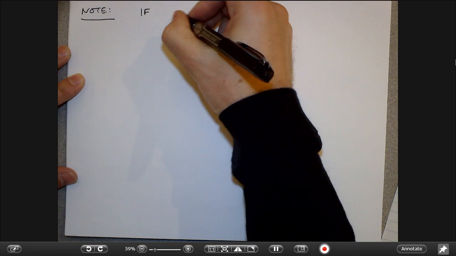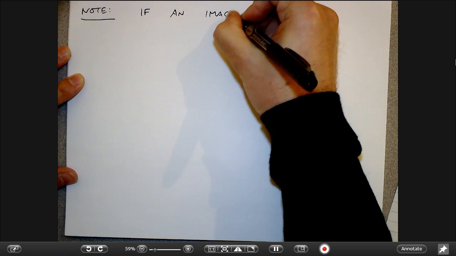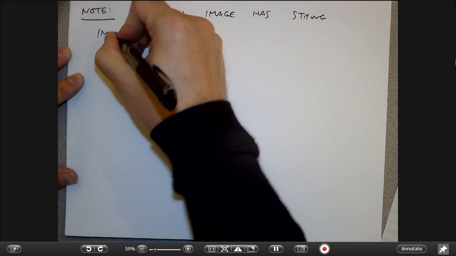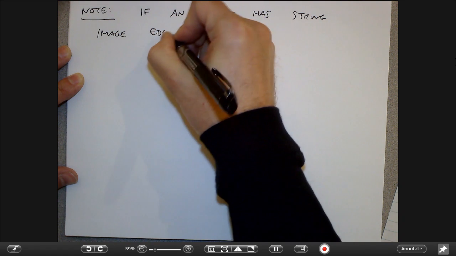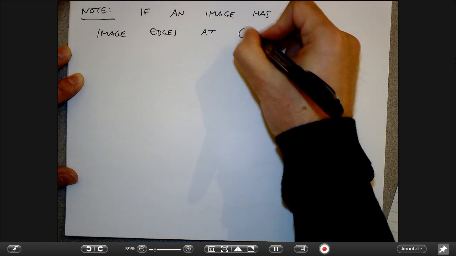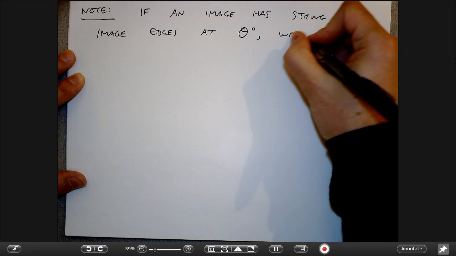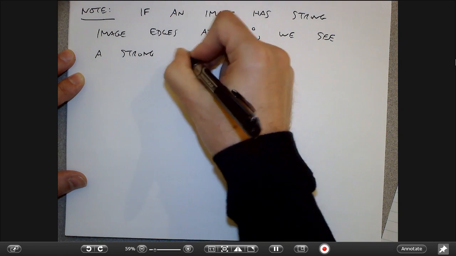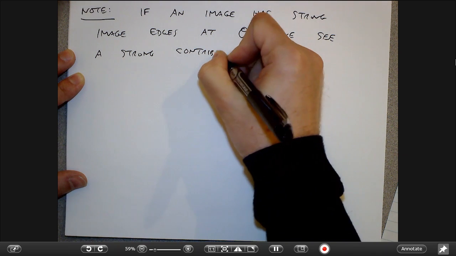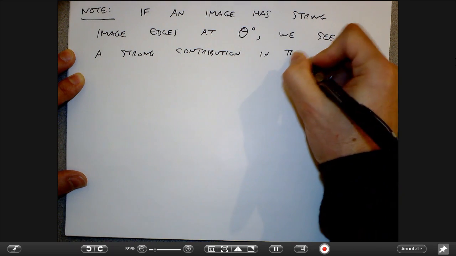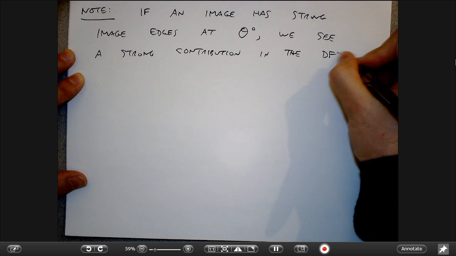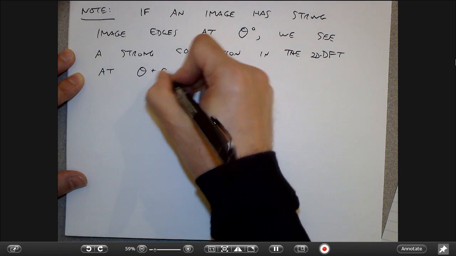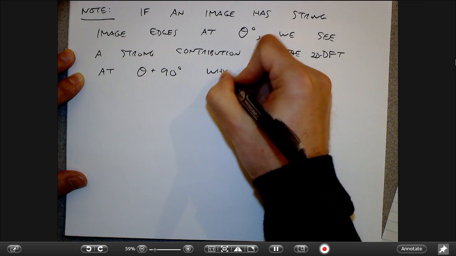So here's a note, or a theorem: if an image has strong image edges at theta degrees, we see a strong contribution in the 2D DFT at theta plus 90 degrees.